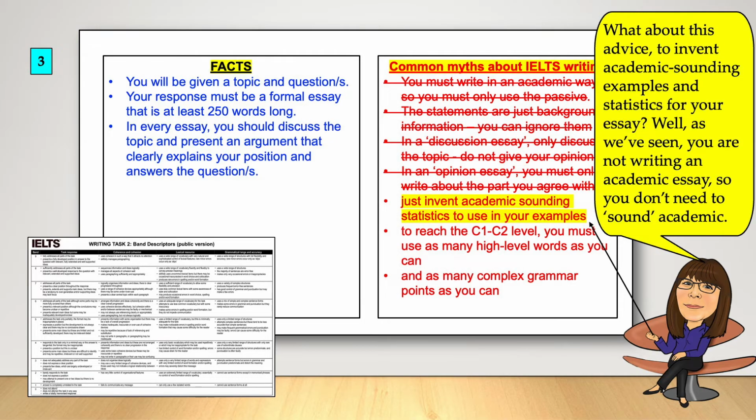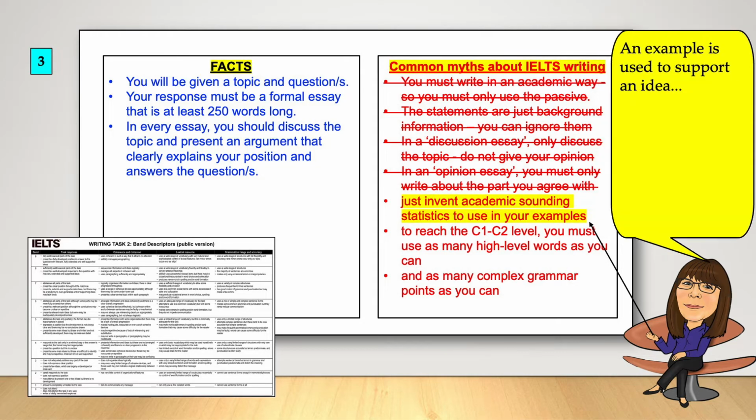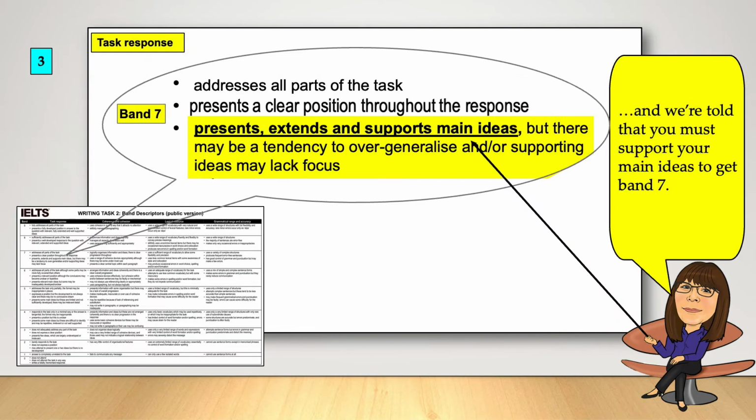What about this advice to invent academic-sounding examples and statistics for your essay? Well, as we've seen, you're not writing an academic essay, so you don't need to sound academic. An example is used to support an idea, and we're told that you must support your main ideas to get Band 7.